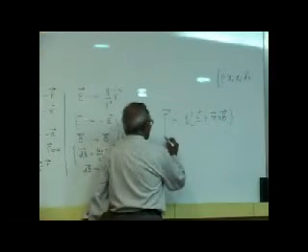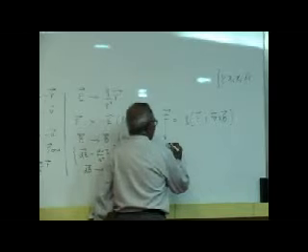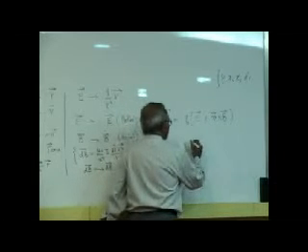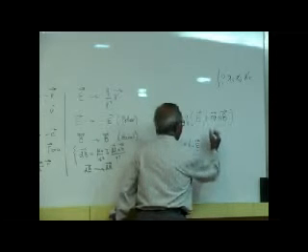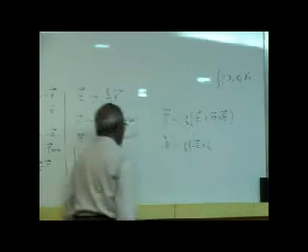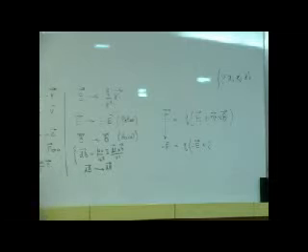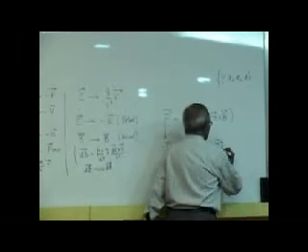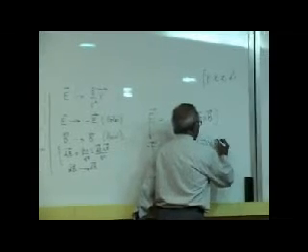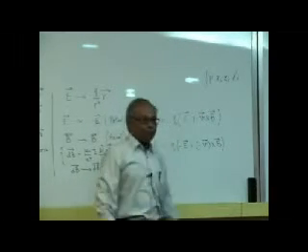So under parity, how is this going to transform? Minus F. Q of course remains the same and E goes to minus E. What about V? Velocity goes to minus V. And B? Plus B. So I am perfectly okay.